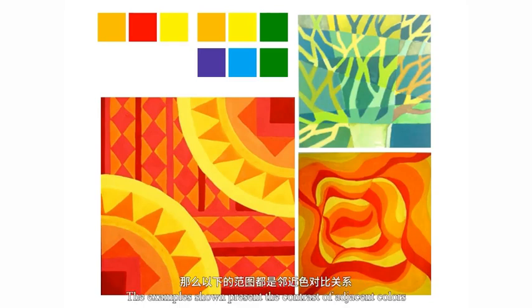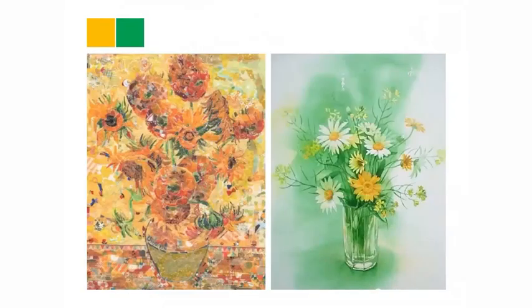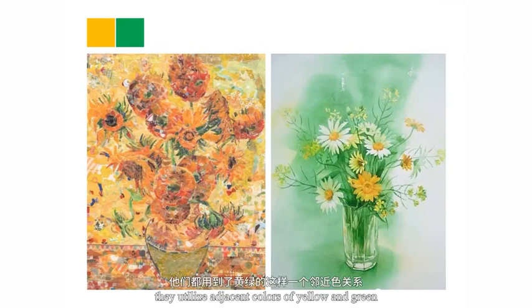The examples shown present the contrast of adjacent colors, like the 2 paintings we see here: Van Gogh's Sunflowers and a watercolor painting. They utilize adjacent colors of yellow and green, albeit each with different color proportions.